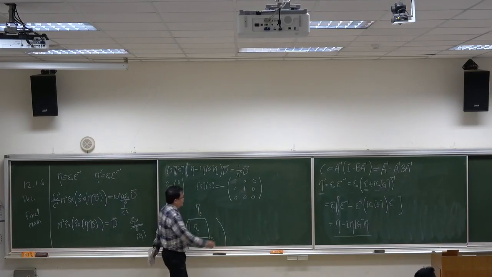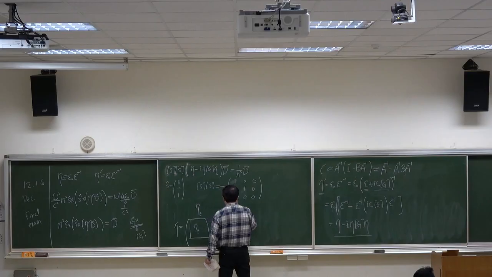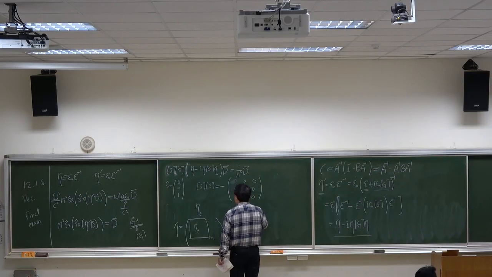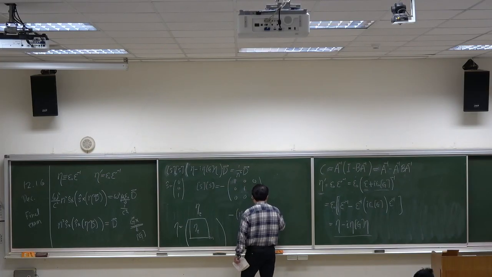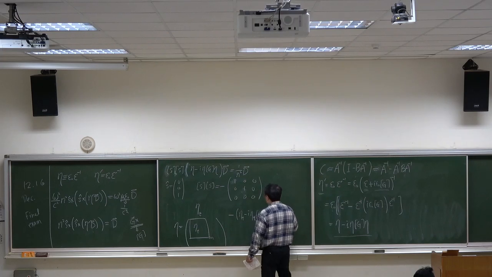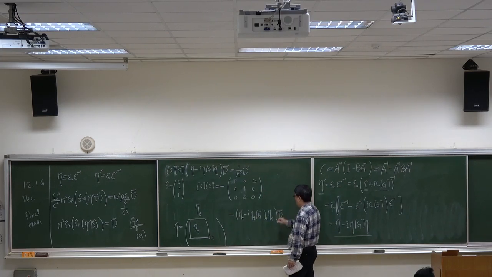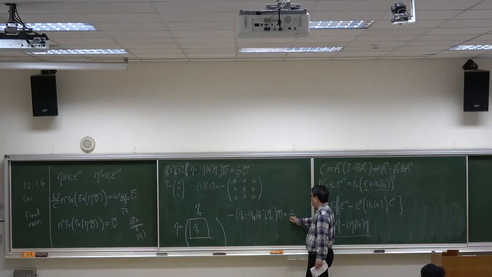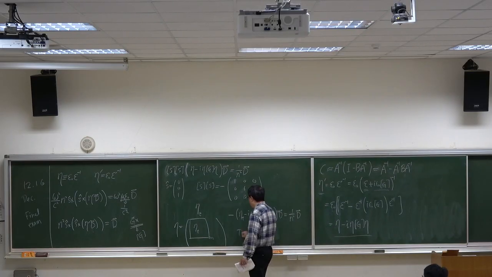So we can replace this as minus eta t minus i eta t G t eta t times d equal to 1 over n squared times d. Here d is written as d1, d2, only 2 components.